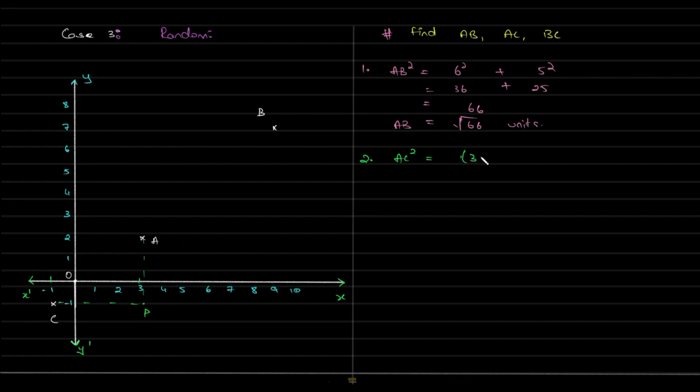So basically, can I write it as 3 minus of minus 1, the whole square? Because, well, let's at least present it nicely. And A to P, 2 to minus 1. So it will be 2 minus of minus 1, the whole square. So this is 4, this is 16, plus 9, 25. So AC is equal to square root of 25 units.